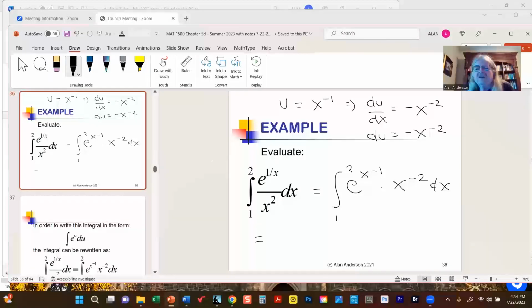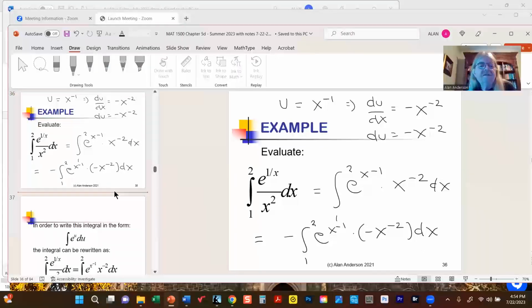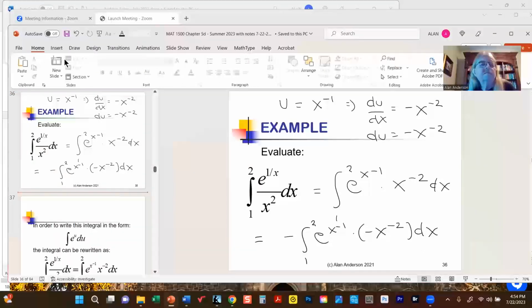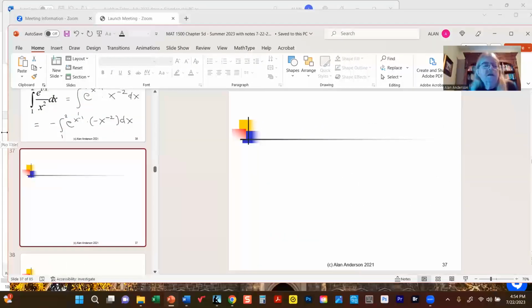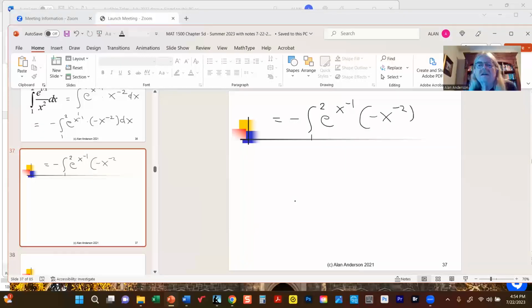So if I rewrite this as minus the integral from 1 to 2 of e to the x to the minus 1 power times minus x to the minus 2 dx, that means what we have, let me just rewrite that again, minus e to the x to the minus 1 power times minus x to the minus 2 power dx.